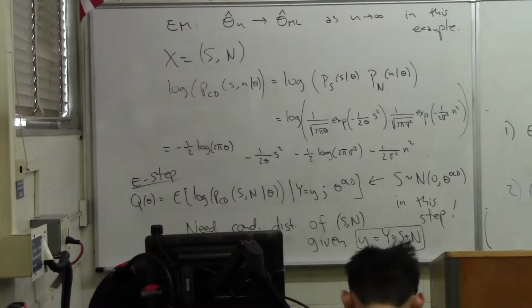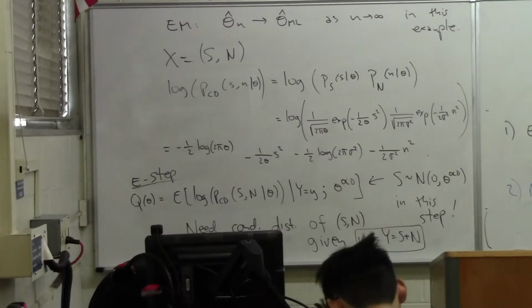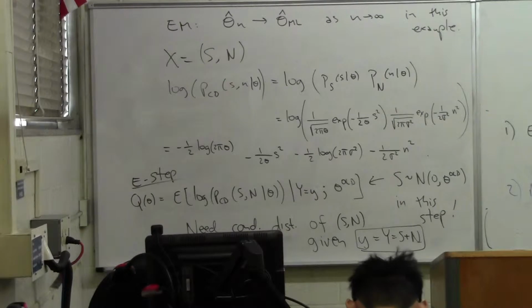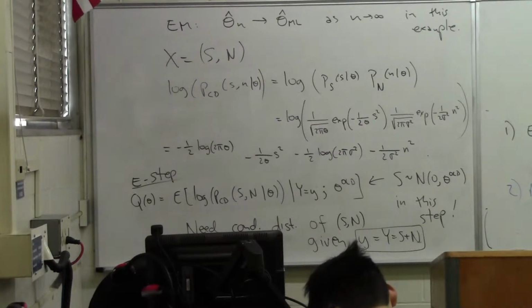somebody help me out here. So we definitely know, we have our Kalman filter experience to know that given y, we know the conditional distribution of S given y. It's Gaussian, and we can work out its conditional mean and variance. What's puzzling me right now is why am I ignoring n?